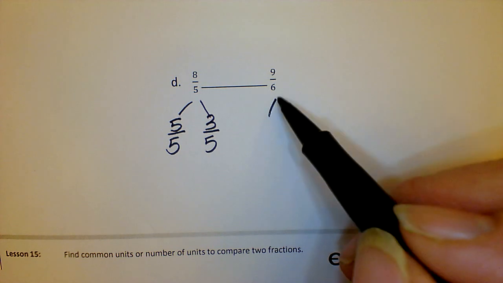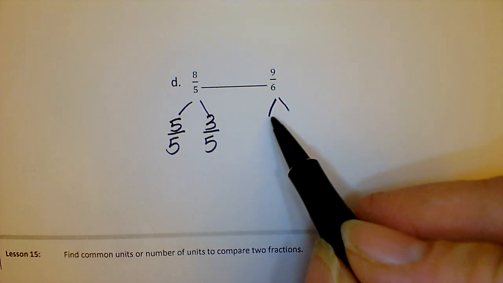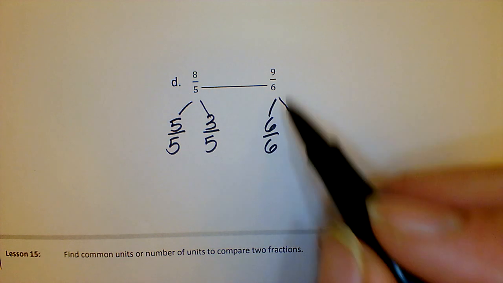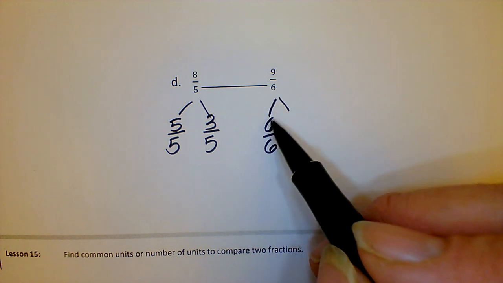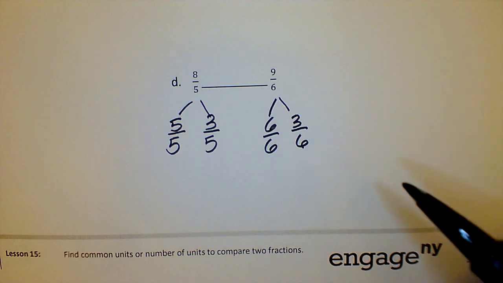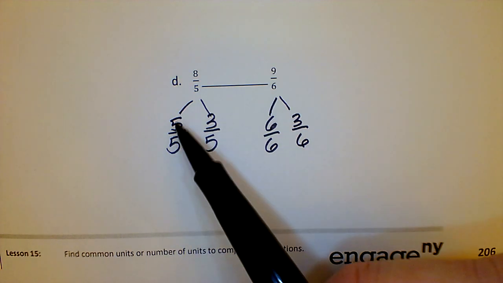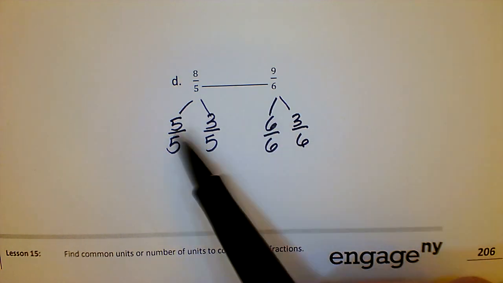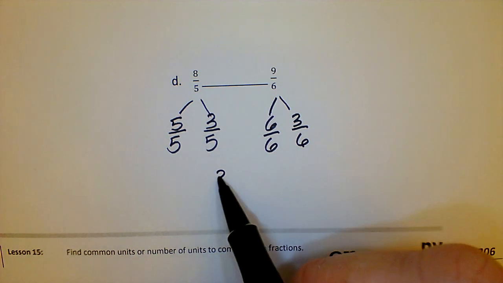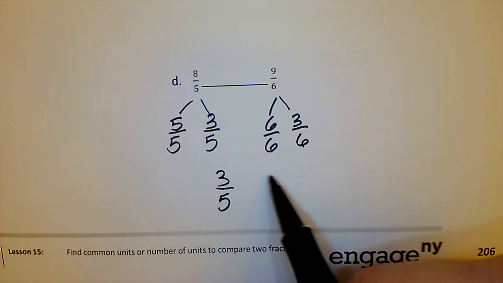Now let's do the same thing with this, 9/6. But in this case, I'm pulling out a 6/6, which is one whole. So if I have 9 of this size pieces and I put 6 here, that leaves me 3 of them over here. Now what I can do is say, well, the 5/5 and the 6/6, those are both just 1. So I can ignore them for a second and just compare the fractions.